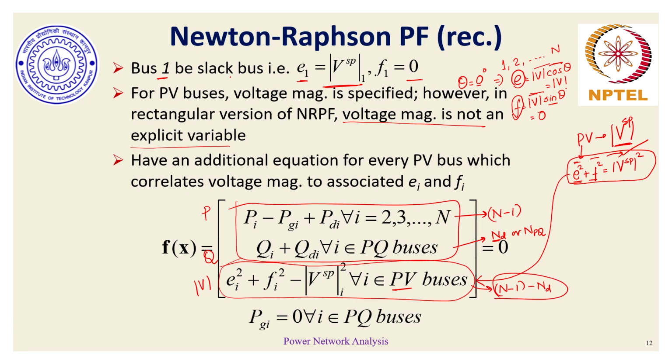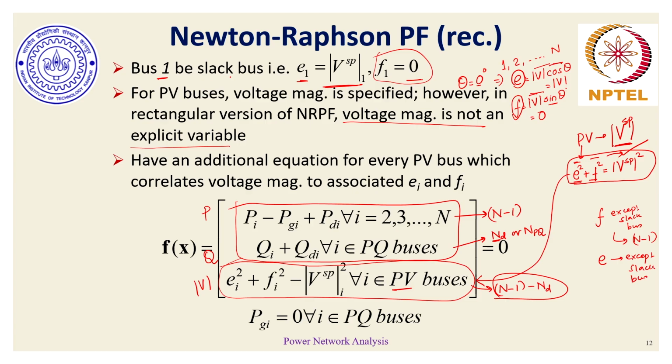The unknowns here are E's and F's. Let's look at what the unknowns are. The unknowns will be all F's pertaining to all buses except the slack bus. Why except the slack bus? For the slack bus, it is already chosen as 0. So the number of unknowns in terms of imaginary components of V would be n-1, and E's again would be for all buses except the slack bus.